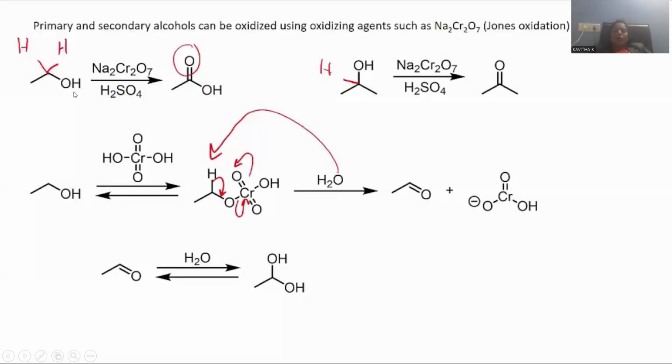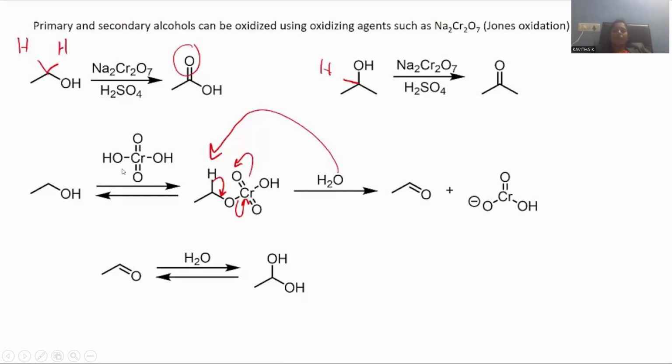Whenever we have an alcoholic compound and potassium or sodium dichromate, either of the salts can be taken, and sulfuric acid is the medium for the better oxidation. The two hydrogens there are oxidized into the corresponding carboxylic acid. This is the one with the primary. And whenever a secondary alcohol is taken, the expected product will be a ketone.